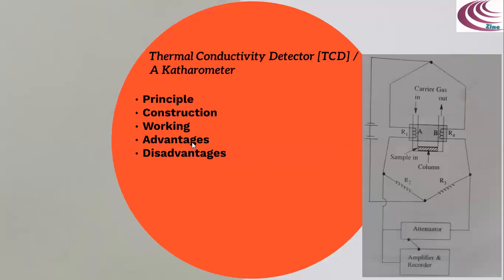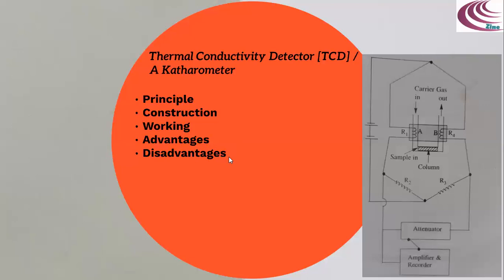Then we'll talk about advantages. Thermal conductivity detector is a relatively simple, rugged, and inexpensive detector. It can be used for detecting a wide variety of substances, and hence it is a broadly applicable detection system. It is non-destructive of the sample and it provides accurate results.